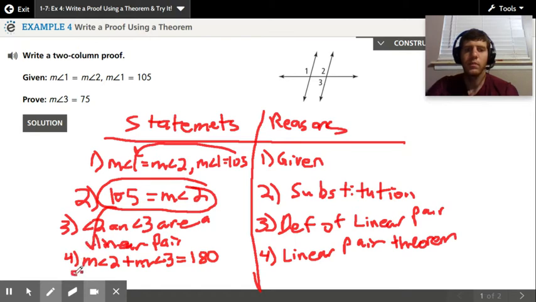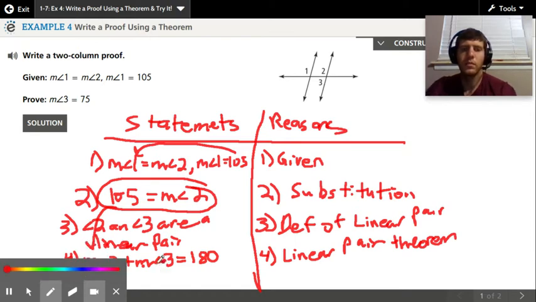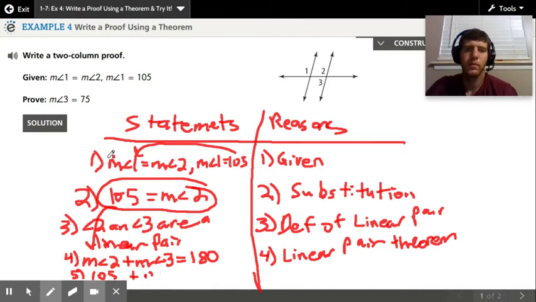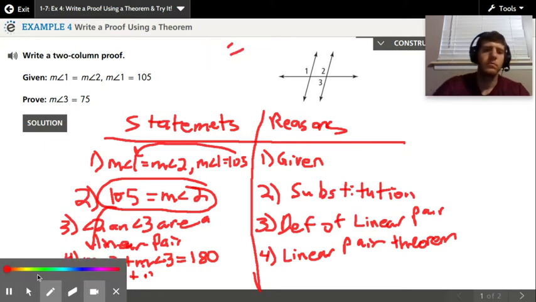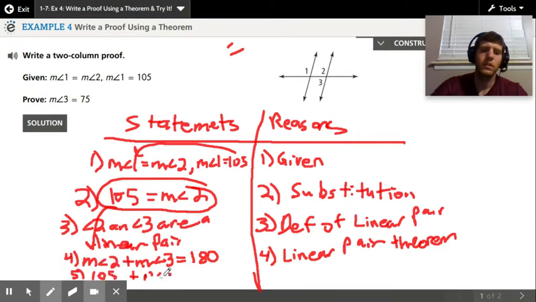So step 5 here, we're going to replace the measure of angle 2 with 105, so we're going to say 105 plus the measure of angle 3 is going to equal 180. And that's substitution.